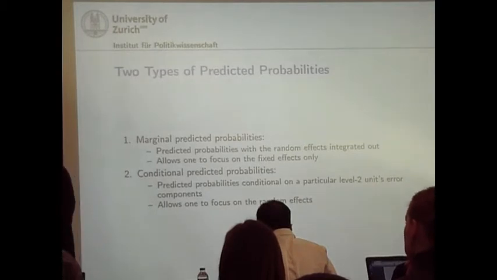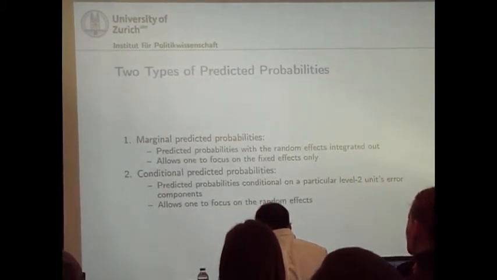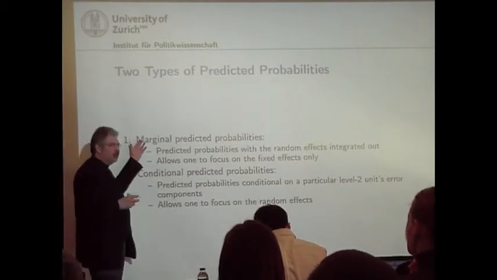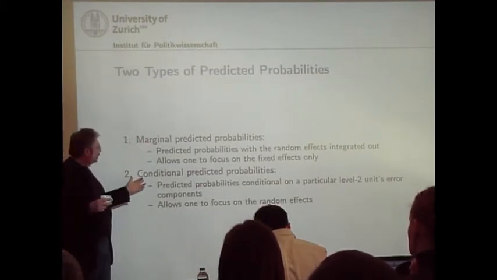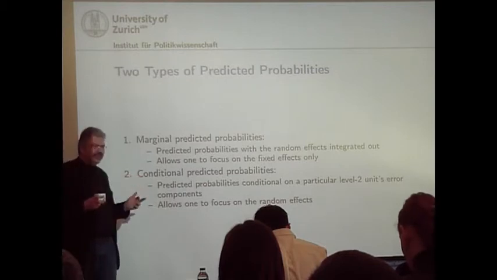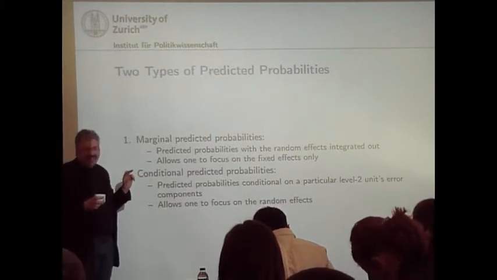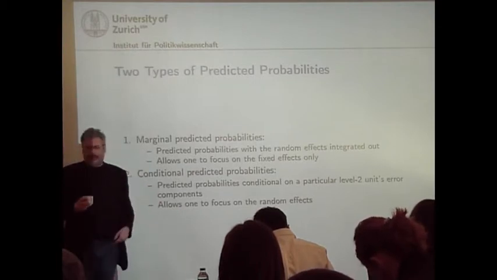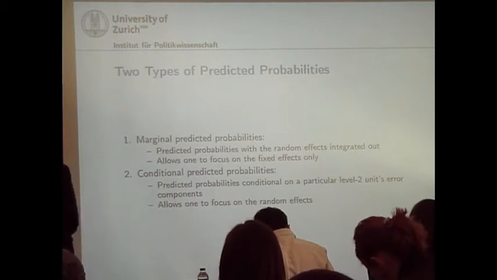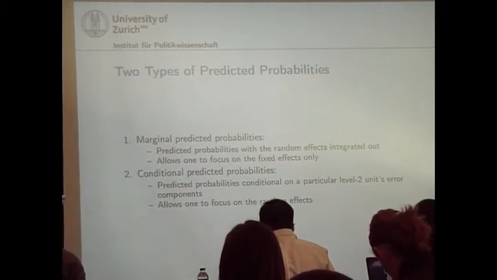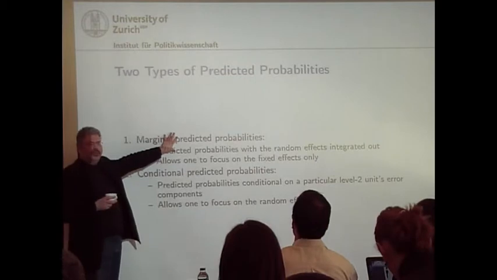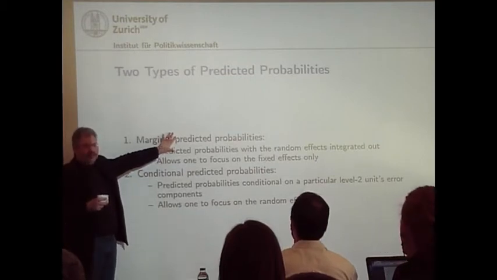I find none of these names appealing, but the one that seems to make most sense to me is marginal predicted probabilities versus conditional predicted probabilities. I should immediately say, if you've ever dealt with marginal effects as a way of interpreting logit models, be careful. Marginal predicted probabilities are not marginal effects.